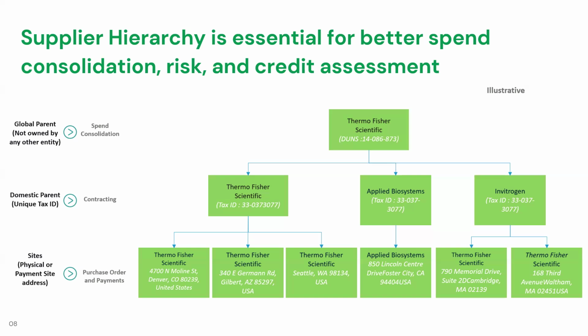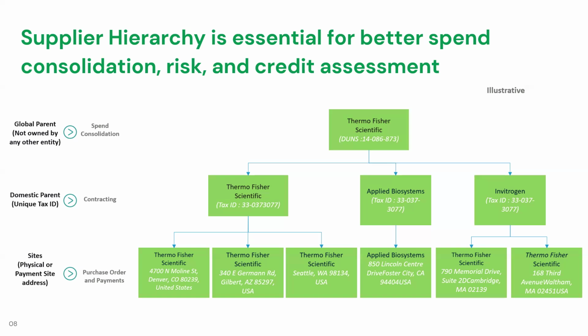Here is one illustration. Thermo Fisher Scientific is a very big conglomerate, a global company. I have taken an example only within the USA, but imagine other entities of Thermo Fisher across other countries as well. The global parent is independent, not owned by anyone. And the business use is consolidating the spend.